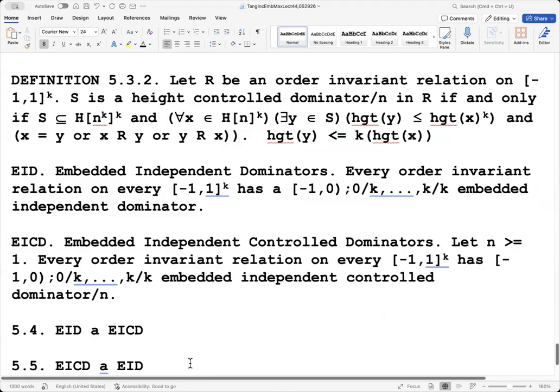Now, one has to prove that EID implies EICD and the converse. The proof that EID implies EICD is you go to a real infinite, full-blown, embedded independent dominator, and then you have to pick a finite piece of it. And you have to pick the finite piece with the inequality for being controlled.